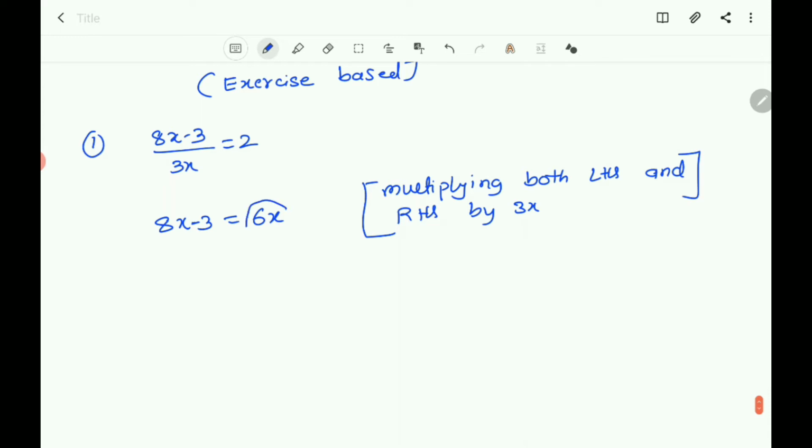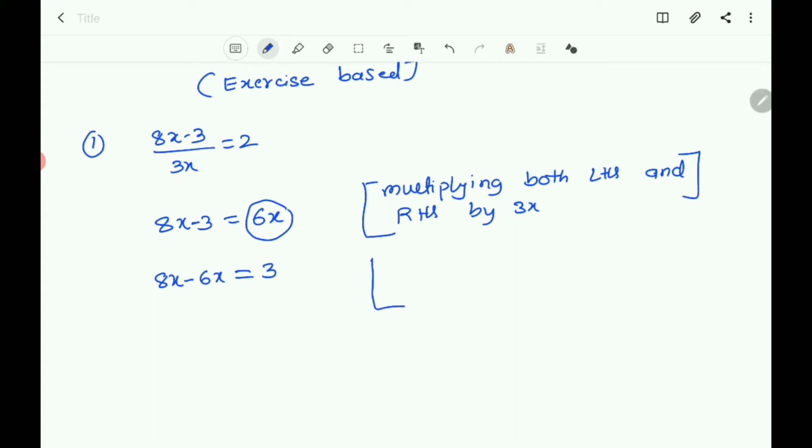Now you transfer 6x to the LHS. It becomes 8x minus 6x, and also you transfer minus 3 to the RHS. Then it becomes 3. Minus 3 becomes 3 after transferring it to the RHS.